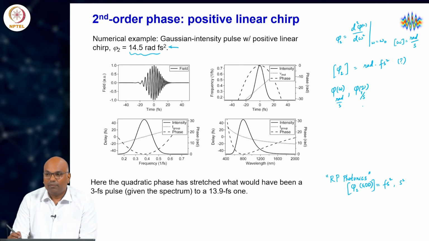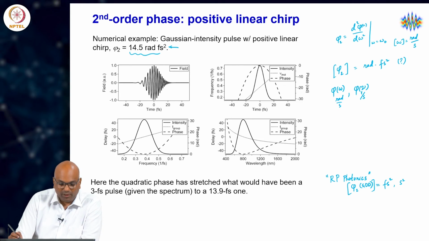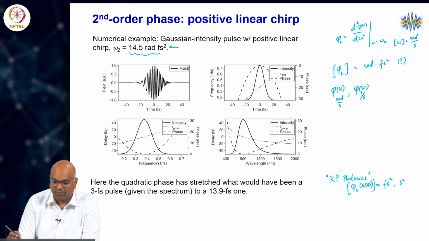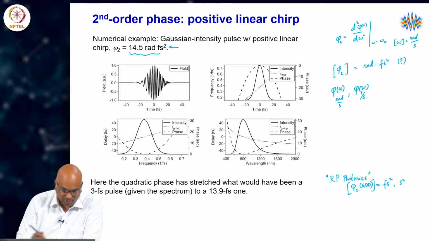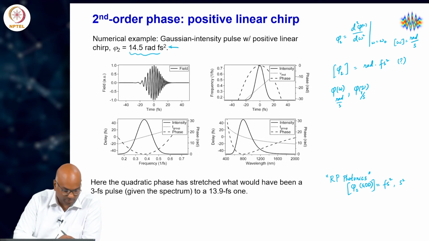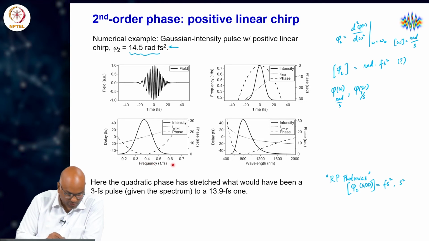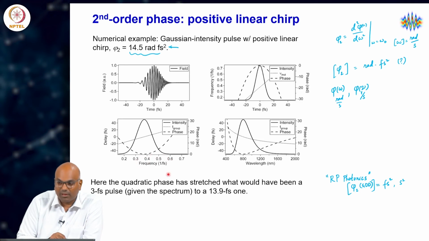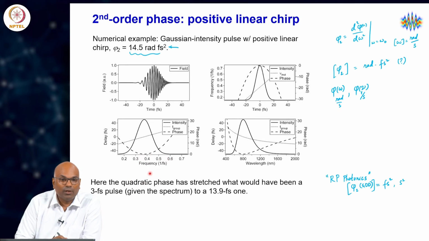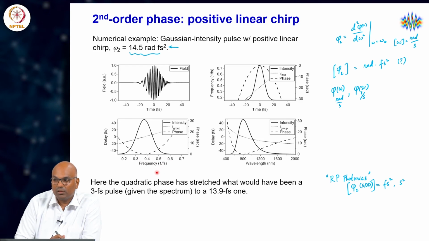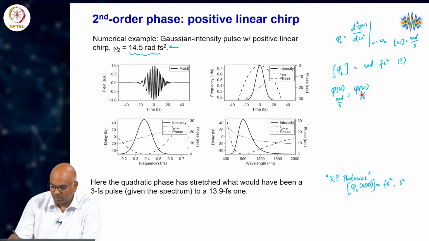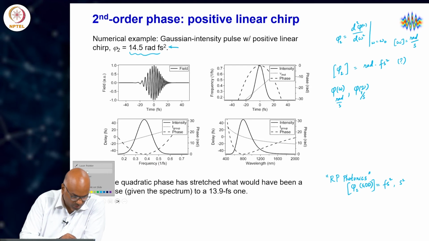The confusion, if anything, arises out of the following fact. Look at the frequency axis and units that we have used here, in all the stuff that you see on the screen. We have used one femtosecond inverse, not second inverse. So, maybe I write this over here.